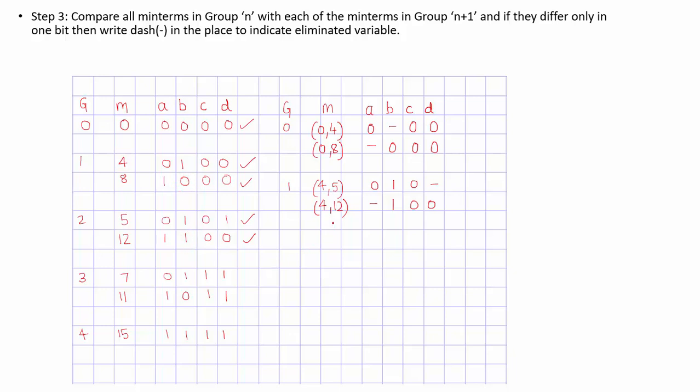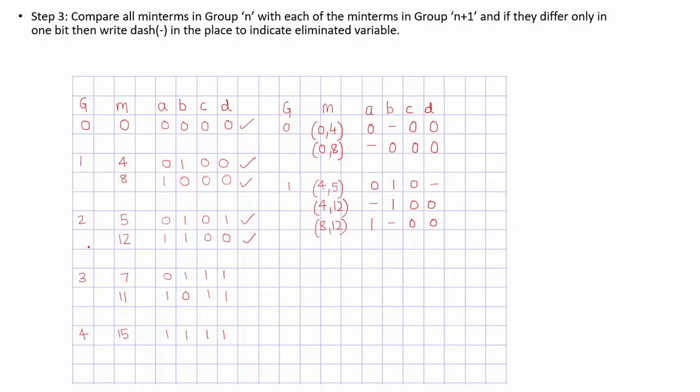So my next entry in this group will be 8, 12 and ACD was 1, 0, 0. B was getting changed from 0 to 1. So I'll write dash in that place. I have to put a check symbol next to 8 and 12. Since it is already there, not putting it again. So we are done comparing group 1 with group 2.